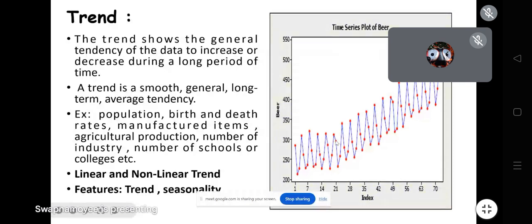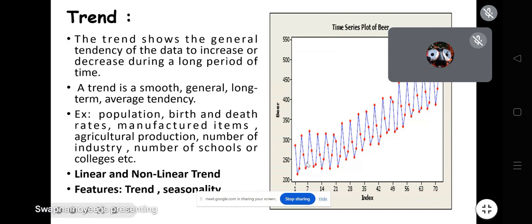Increasing over the years means it has a trend. You can see the scatter plot and the data going up, showing that there is an upward trend. Similarly, the trend can be a straight one, or a downward one. But some trend is there. That means the mean is not constant. Your mean, which is the average, is not constant.